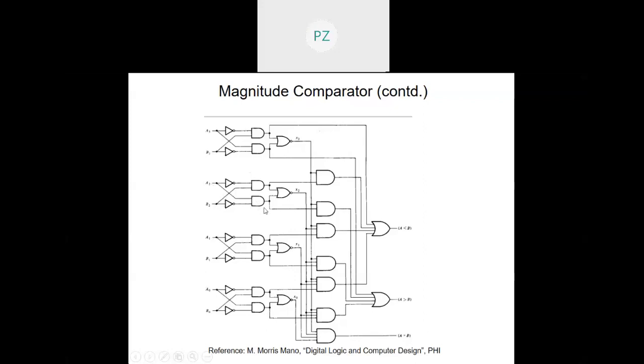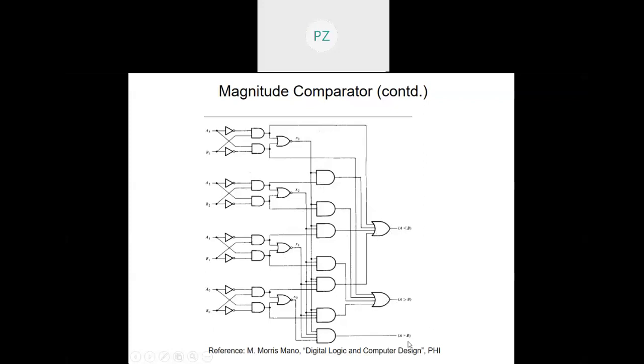Similarly, this one will have x3 and x2 and A1 dash B1. Oh, I'm just reversing. This is A less than B, in fact, and this is A greater than B. So the idea remains the same.